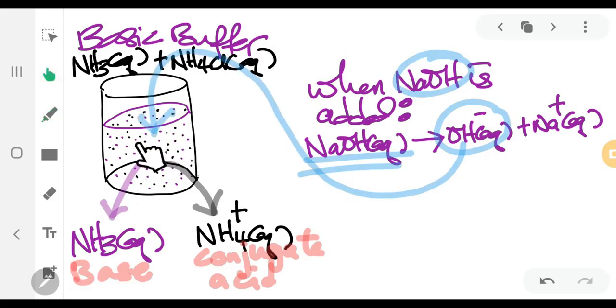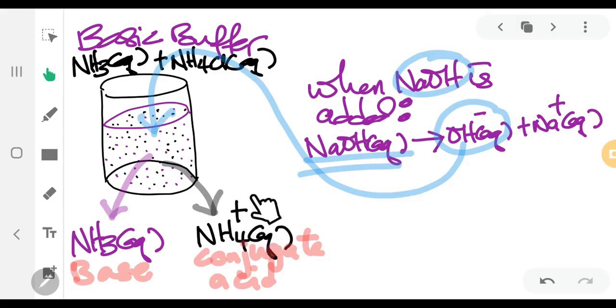Do remember, inside your buffer system, we have two components, the base and the conjugate acid. Between these two, one of them will be removing the additional OH- being added into your buffer system.